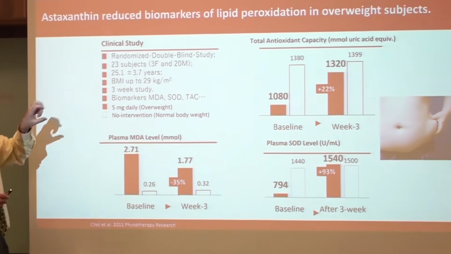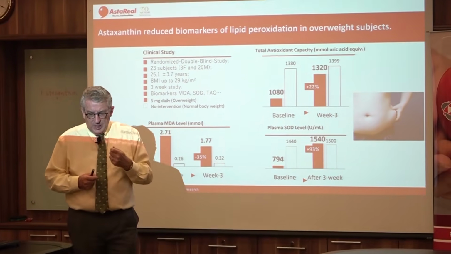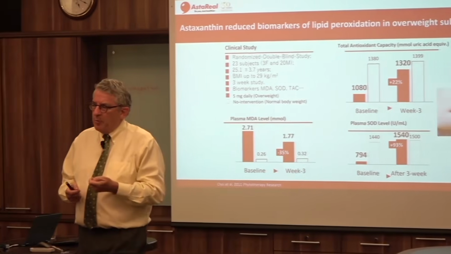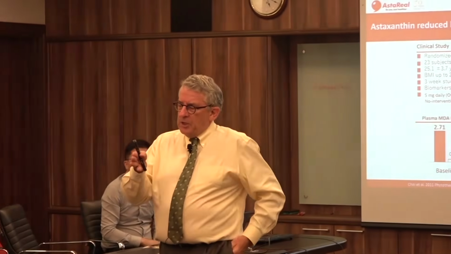I just want to spend a little bit of time on lipid peroxidation because to me it's very important and it's underappreciated. I think 2 weeks ago, there was a report that they've now put together a panel of 6 different indices of lipid peroxidation.